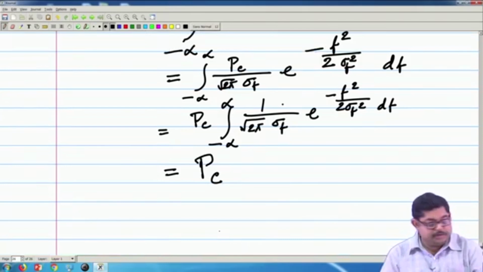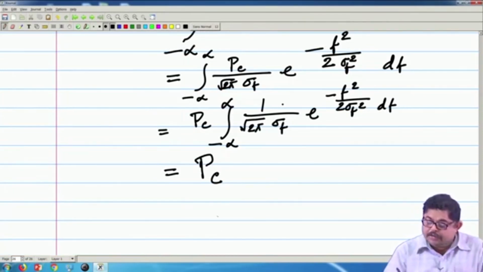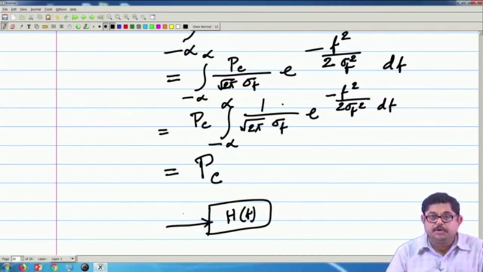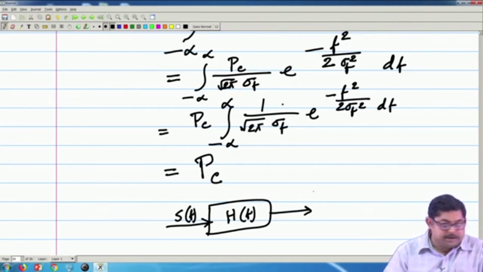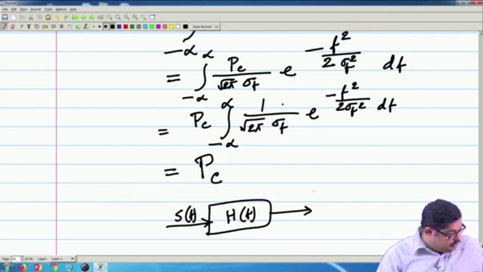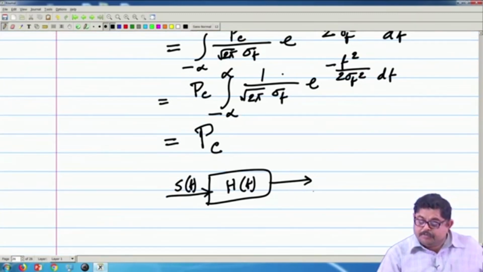Okay. Now, next we will have to determine the output power. I have the MTI filter. I am giving the input S(f). So, what will be the output, that I can write from the filter theory.